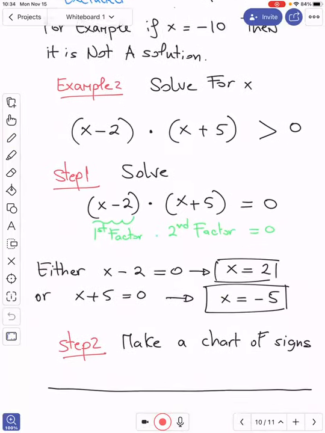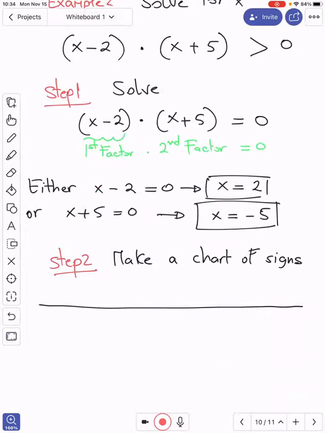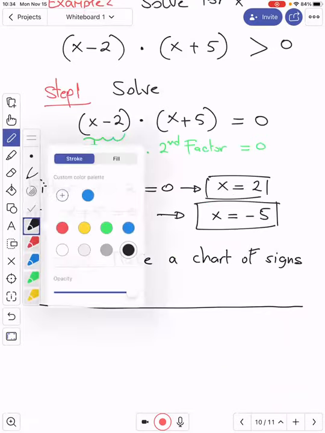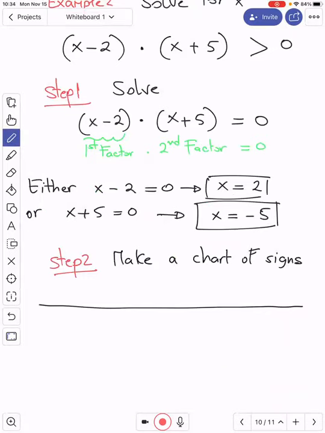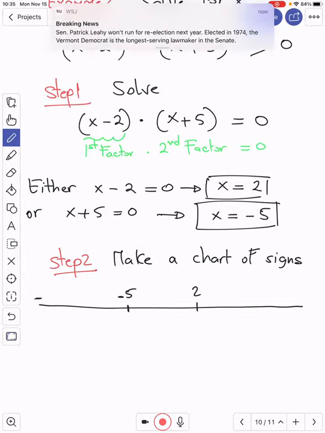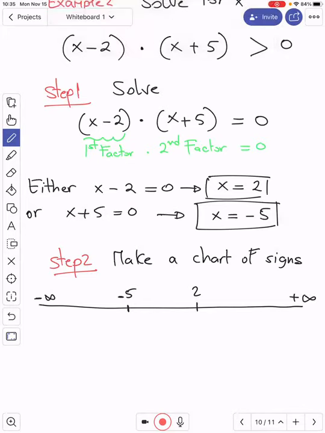Here, it's the same thing. So what I'm going to do, I'm going to use a number line. And on this number line, I'm going to put my solutions. So I have 2 and negative 5. So here's my negative 5. And here's my positive 2. Okay. And this is, of course, negative infinity. And here's positive infinity. Okay. Now, I have this x minus 2 times x plus 5.